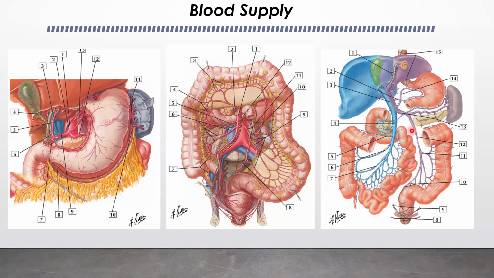For example, here you have the inferior mesenteric vein. It joins the splenic vein at this point, and then together with the superior mesenteric vein will give us the portal vein. And then the portal vein will drain into the liver.